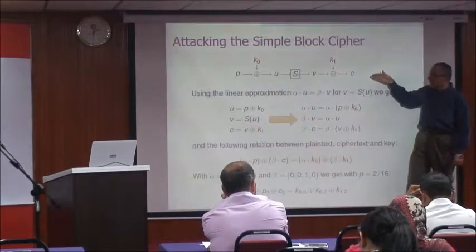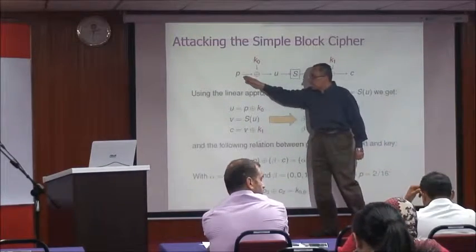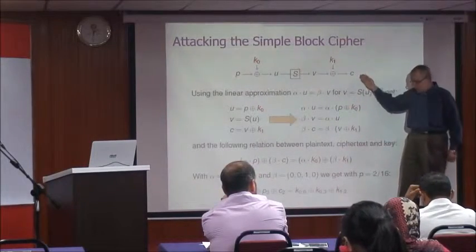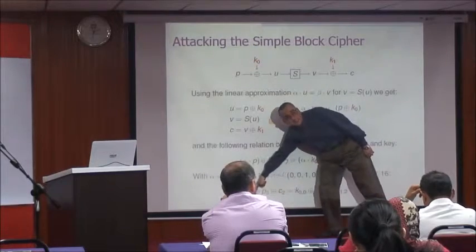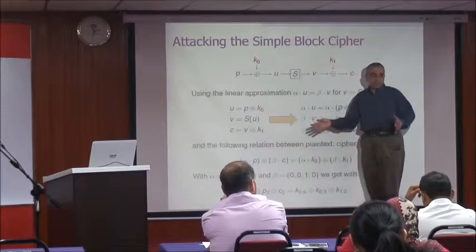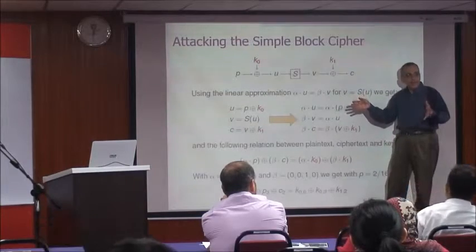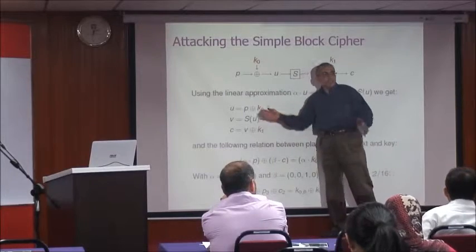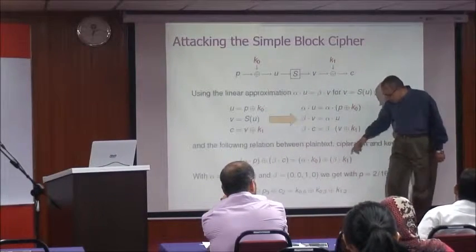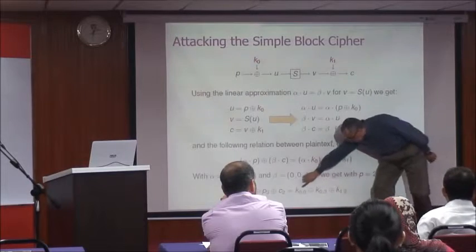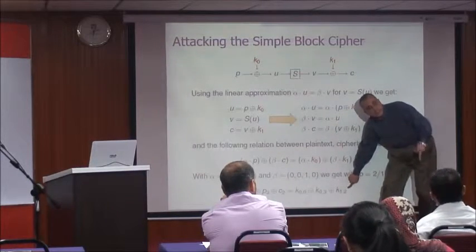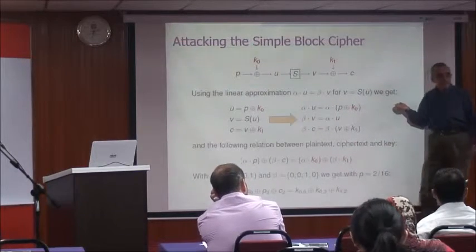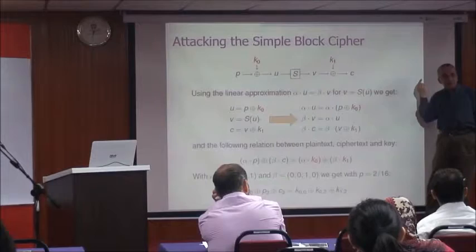So all you have to do is generate as many plain text, ciphertext pairs as you can, and from these pairs, you evaluate this side. Suppose I generated a hundred of them, and I found out that this side was 1 ninety times out of the hundred. Then I am going to decide that the parity of the key bits on this side is 1. So it's as if this linear relation allows me to recover one bit of information about the key bits.